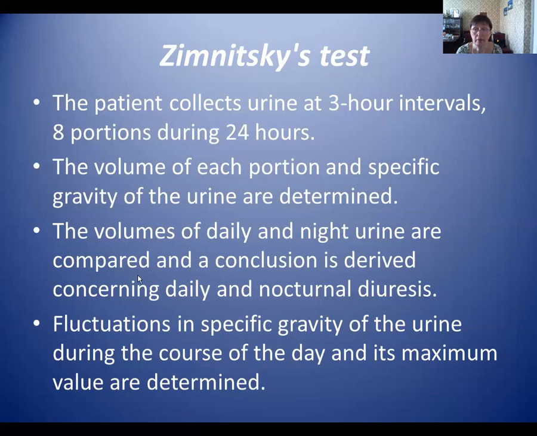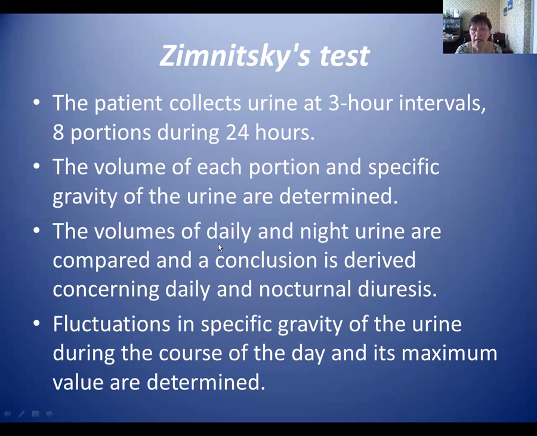The next test, which is usually used to examine the function of the kidneys, is the so-called Zimnitsky test. For this test, the patient collects urine at 3-hour intervals, 8 portions during 24 hours, and the volume of each portion and specific gravity of the urine are determined.